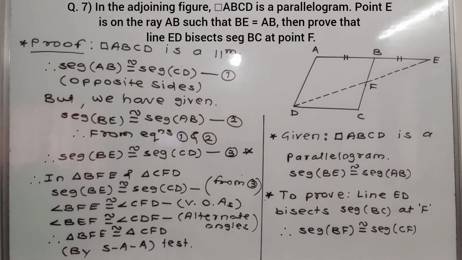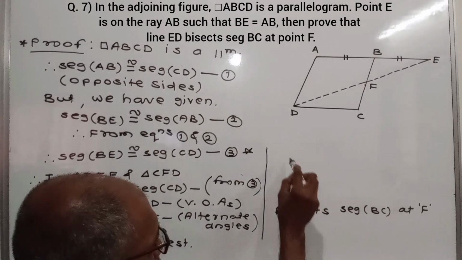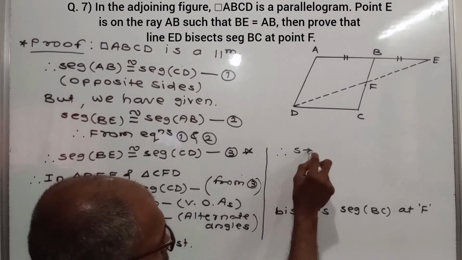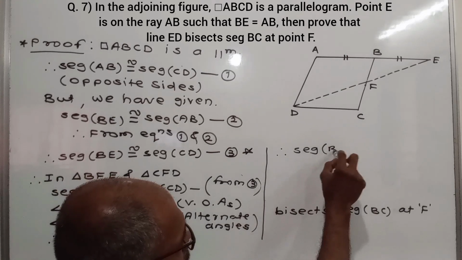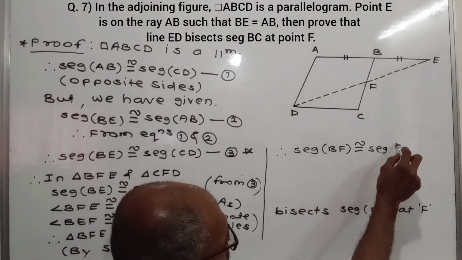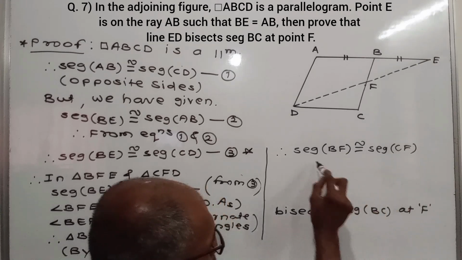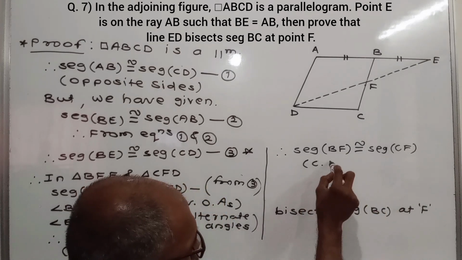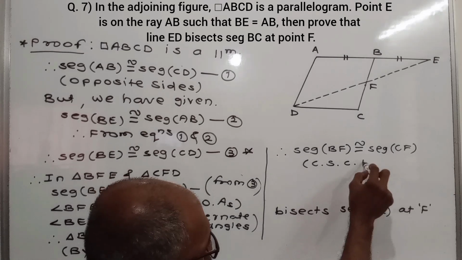You have studied this in 8th standard as well as in 9th standard. Therefore, we write segment BF congruent to segment CF by corresponding sides of congruent triangles.